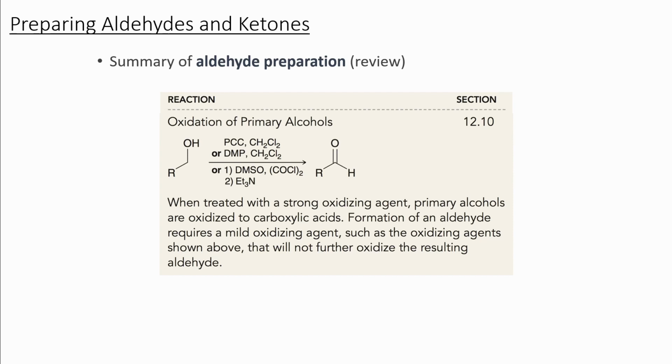We looked at a variety of different conditions, notably PCC, DMP, or the Swern oxidation conditions, which will oxidize the alcohol up to the aldehyde and stop there. Remember, some oxidants go all the way up to the carboxylic acid. So these three sets of reagents specifically will stop at the aldehyde.